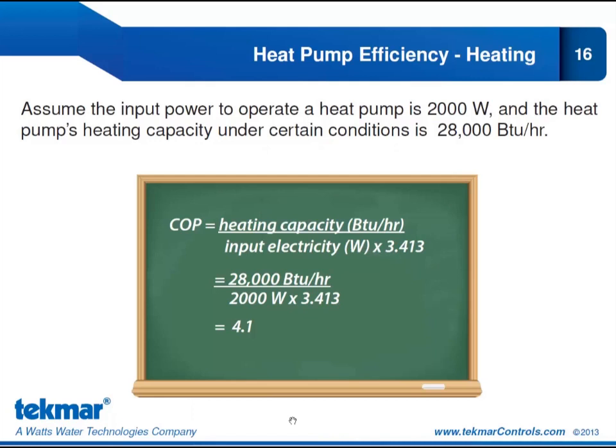In percentages, that would be 410% efficiency. So that is not unusual to see those high efficiencies when we're talking about the coefficient of performance. Now, those COP values will change as conditions change, and we'll learn about that more in this presentation.